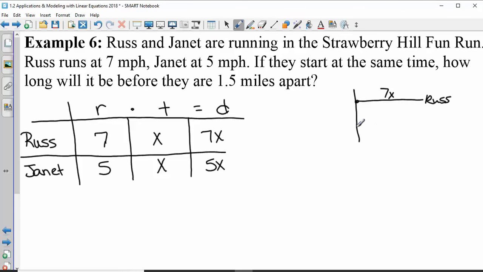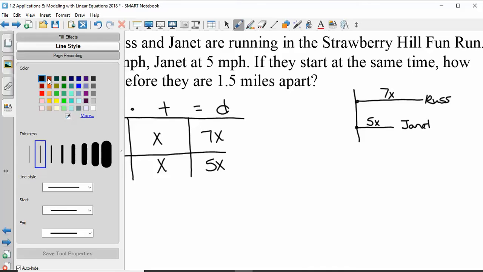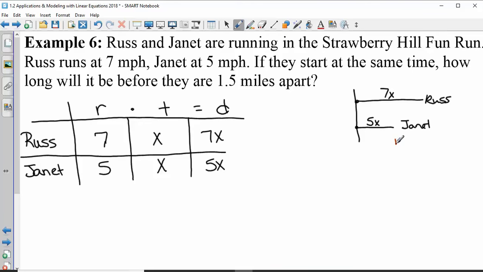They're running a race, so they're going the same direction. Janet's coming up behind. She hasn't ran as far, so she's only a 5x. So their distance apart is just from here to here.